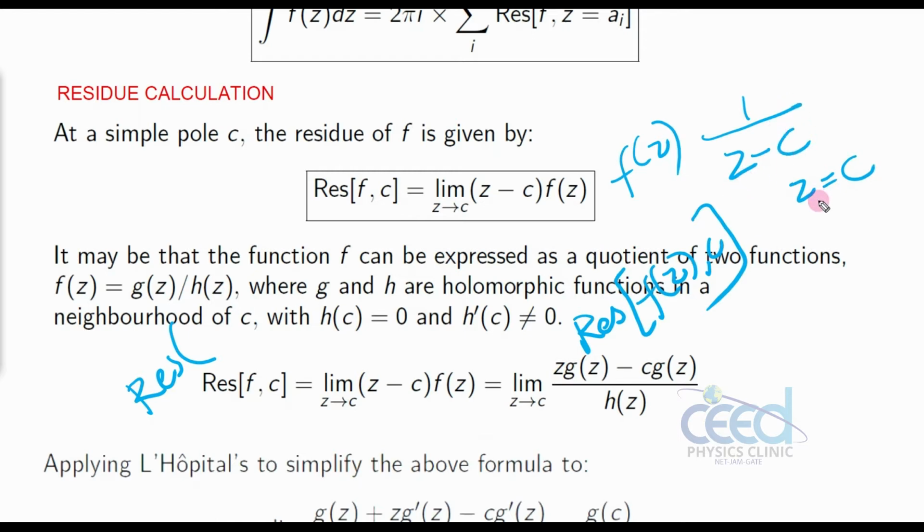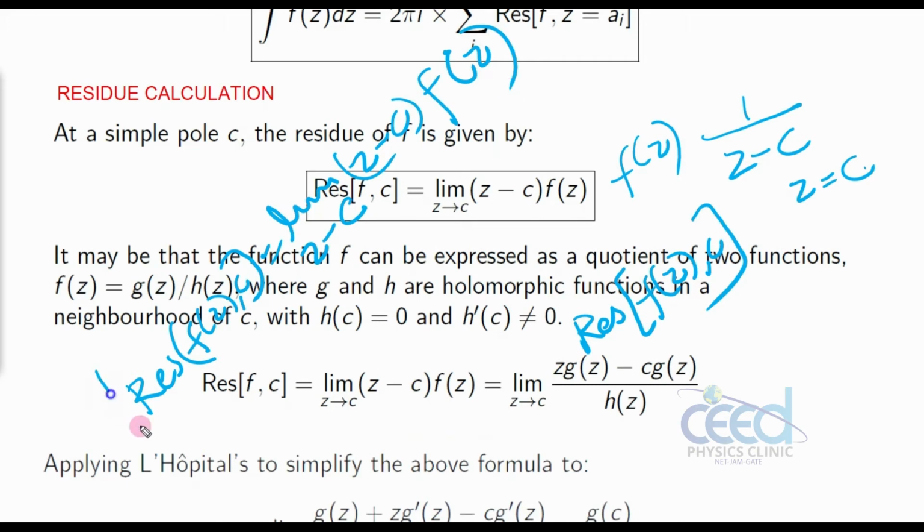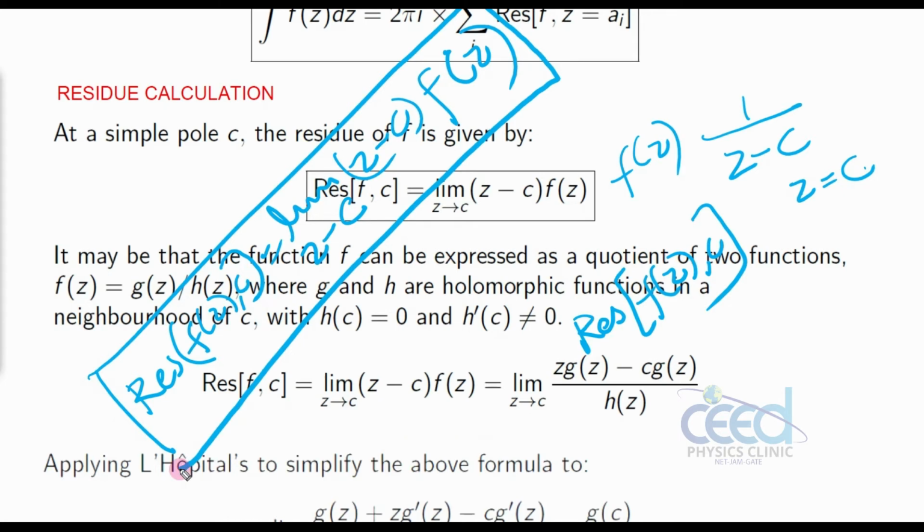If z is equal to c is a simple pole, then the residue of f of z is defined as the limit as z tends to c of (z minus c) into f of z. This is the formula to calculate the residue at a simple pole.